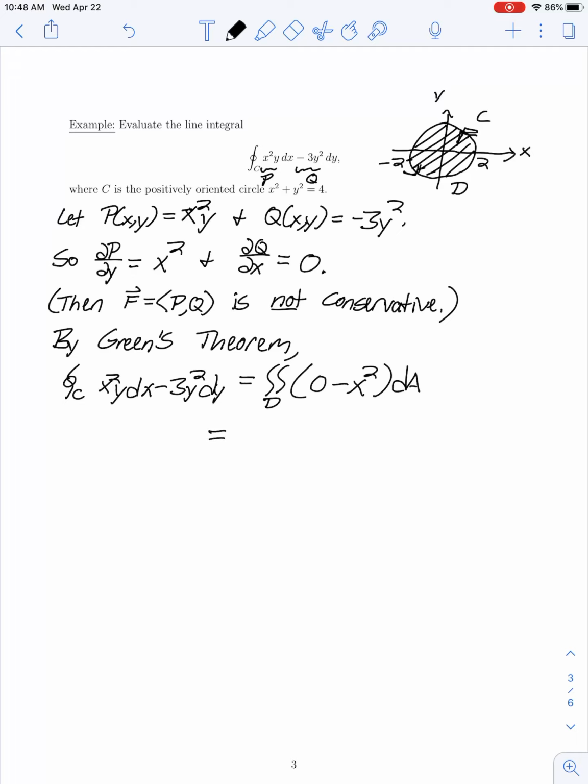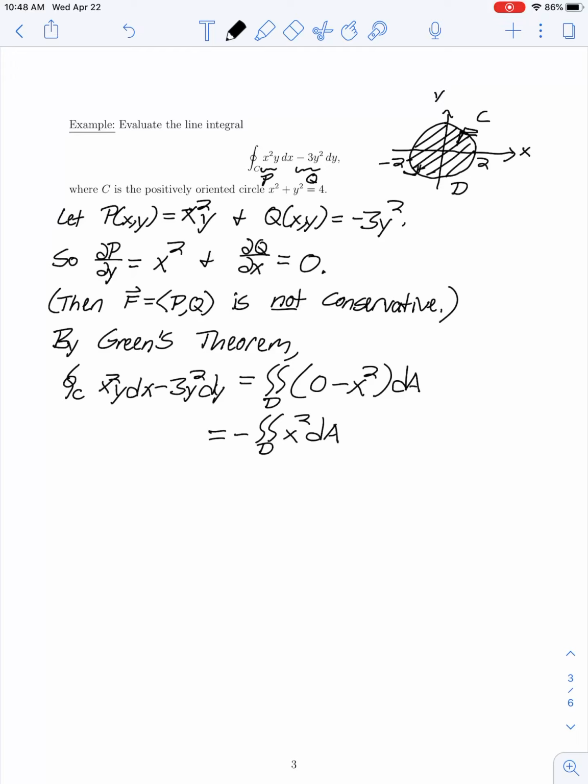So here, we could pull the negative out in front, and we have the double integral over D of x squared dA. Now, to evaluate a double integral, we need to set up an iterated integral over our region. And in this example, because the region D is a disk, we might want to make use of polar coordinates here.